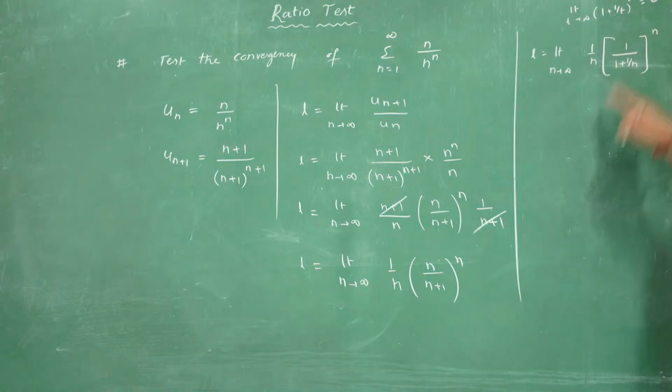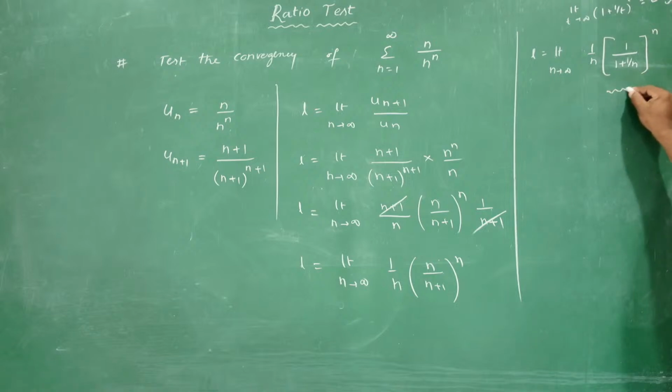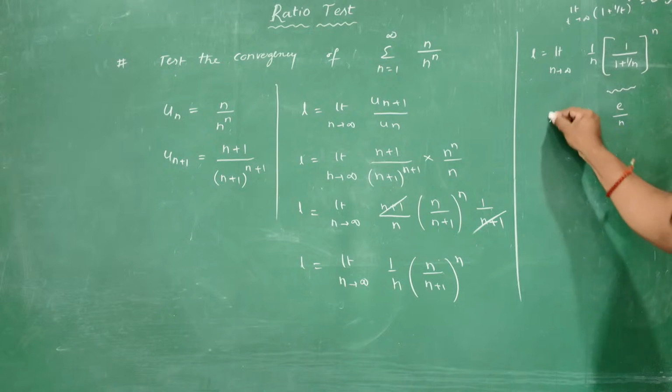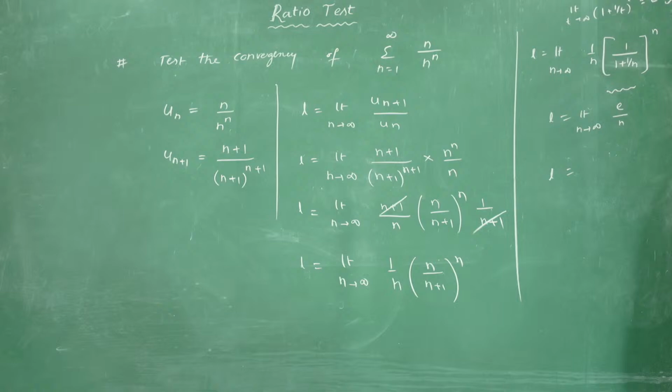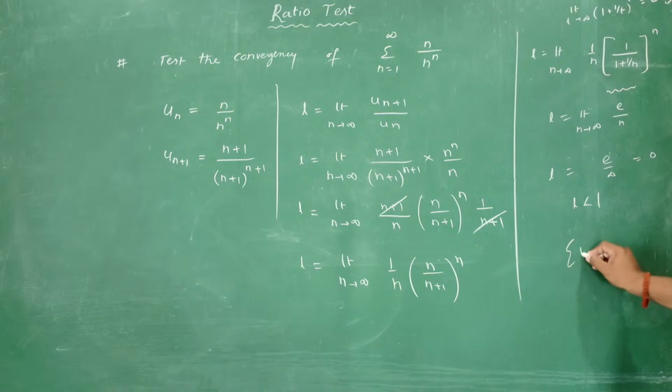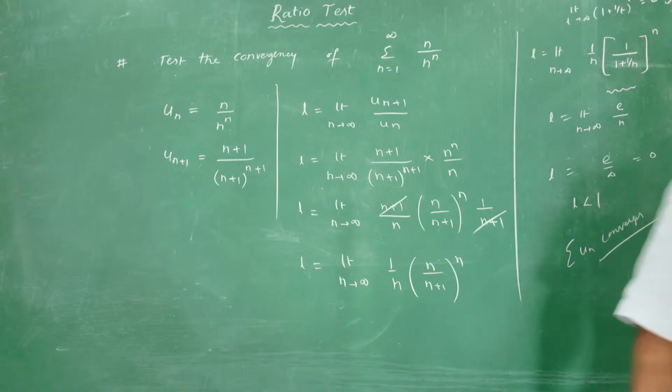Okay, so up to here it is e divided by n. Limit n tends to infinity, L equals e by infinity, which becomes 0. Since the value of L is less than 1, hence summation un converges. Okay. This is the result.